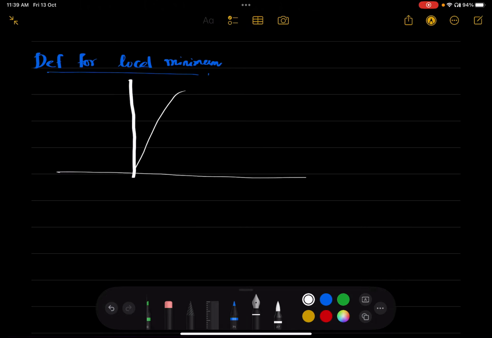We're just looking at a particular interval, a particular locality of the function. For example, if I'm looking within this range, let me call this point x star.